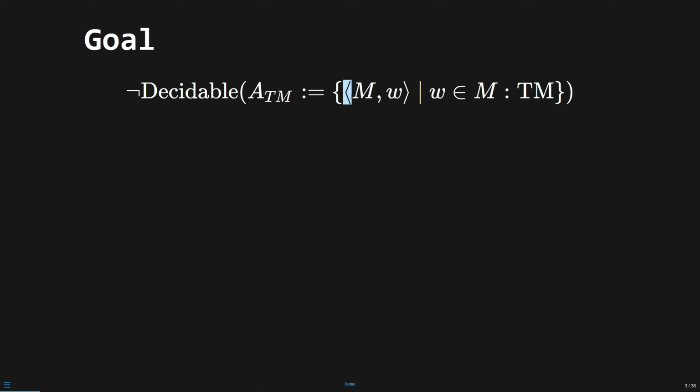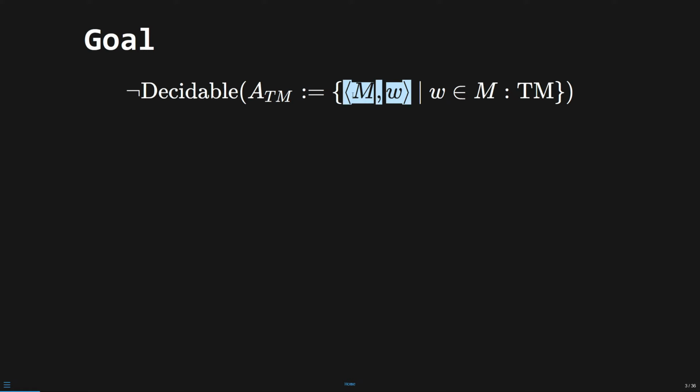We take these brackets here, which represent the string encoding of some information. Why is that? A is a set of strings. So set of strings, logical negation of a predicate function that accepts a set of strings and returns true or false. Okay, so then this is the set of strings.